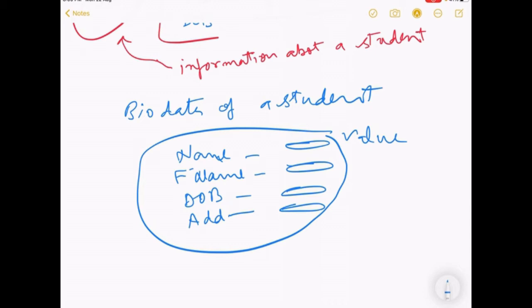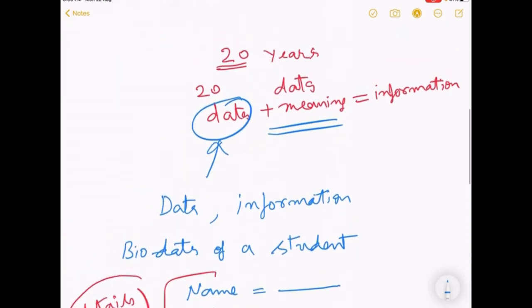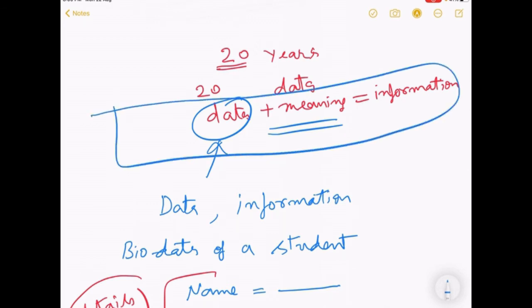Now, information and data: information describes something, and from information we have some idea what data is. If you ask the difference, data means very little meaning or no meaning. Information means it has some meaning.